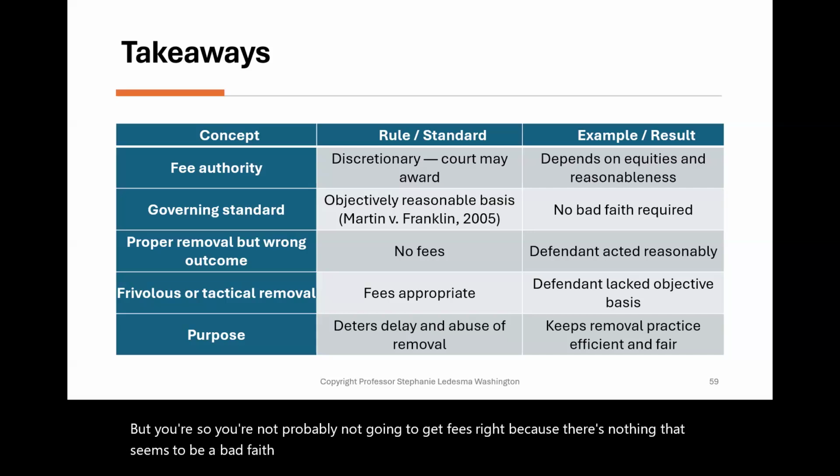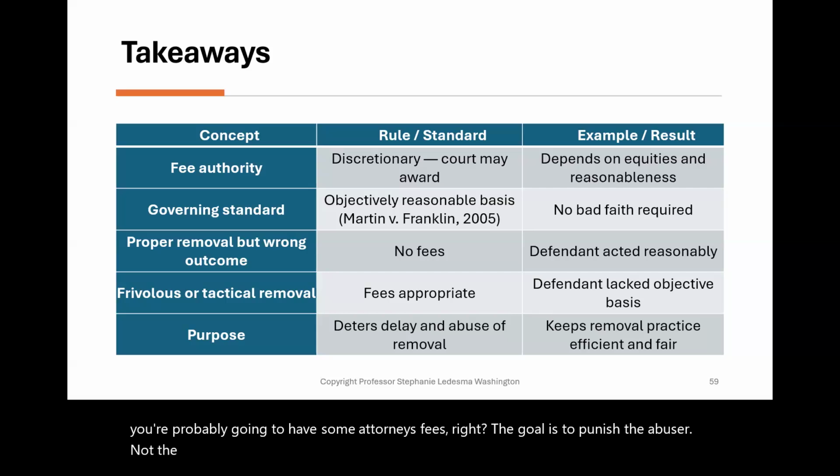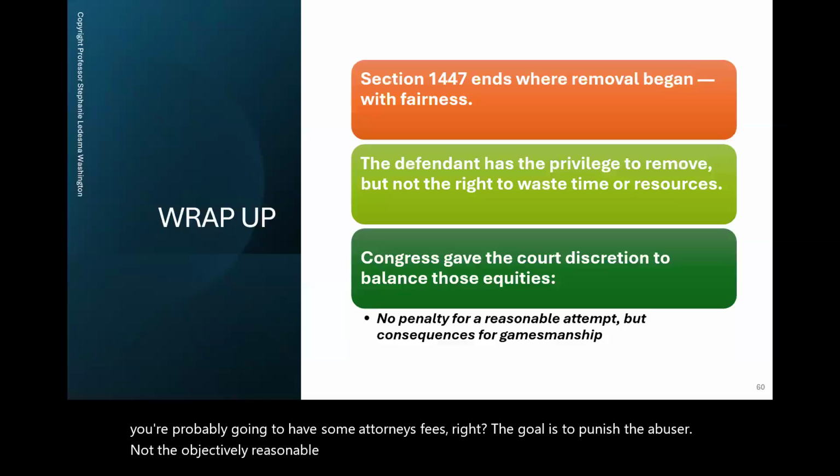Now, if you're acting out of gamesmanship, bad faith, then yeah, you're probably going to have some attorney's fees, right? The goal is to punish the abuser, not the objectively reasonable mistaker, right?